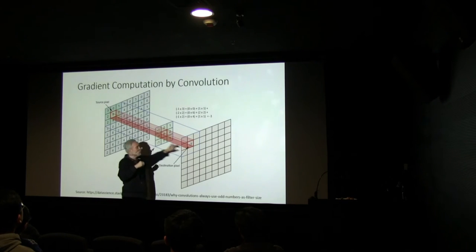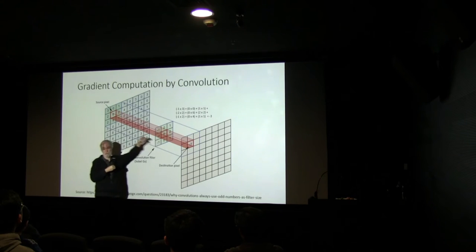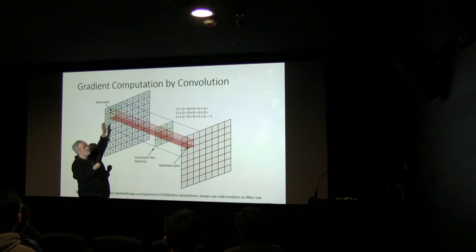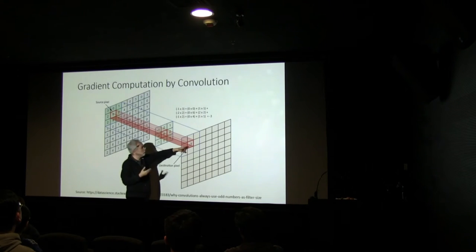The negative sign just tells you the change. If it's from bright to dark, it will have a negative sign. If it's from dark to bright, it will have a positive sign. So the sign, minus or plus, tells you the direction of brightness change. The magnitude of the number tells you how much. Okay?